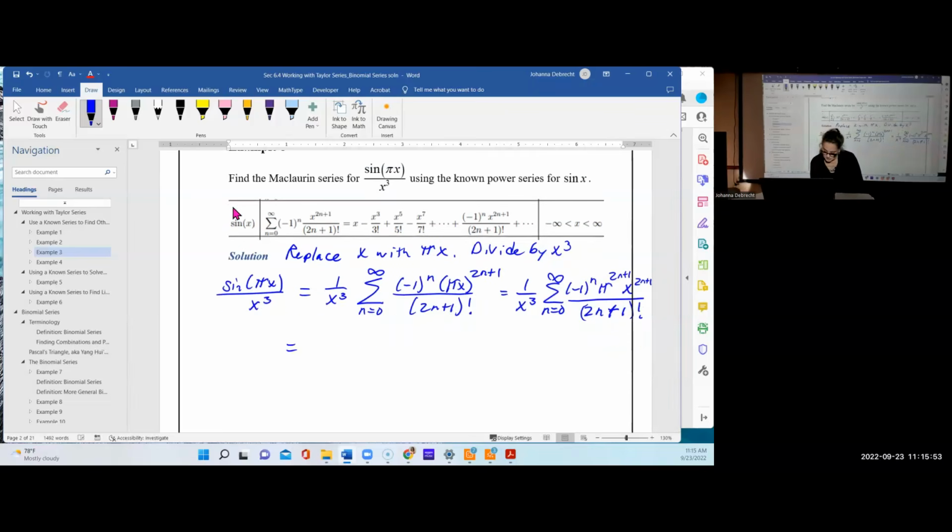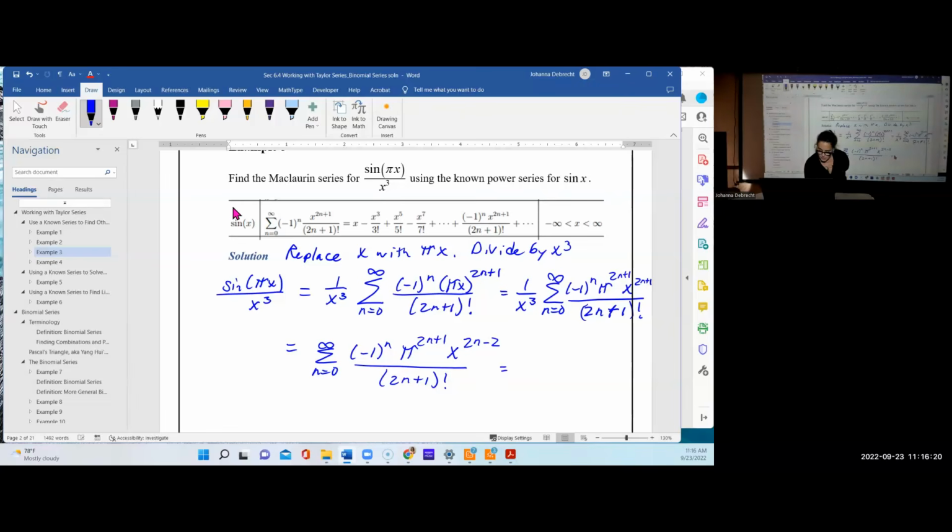So this is going to give me the series from 0 to infinity of -1 to the n, pi to the 2n plus 1 power, and then I'm going to have x to the 2n minus 2 power divided by 2n plus 1 factorial. And again, 2n minus 2 has a common factor of 2.